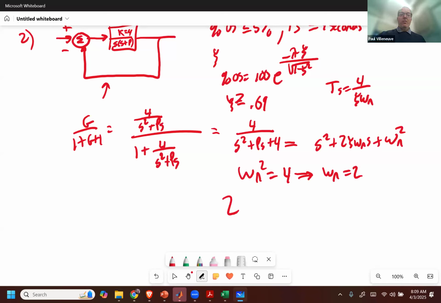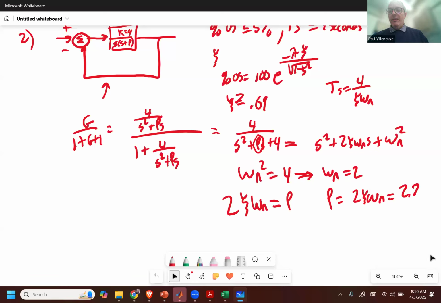So 2 zeta omega sub n has to be equal to the coefficient P. So P is going to be equal to 2 zeta omega sub n. When you plug that in, my value of P is 2.76.